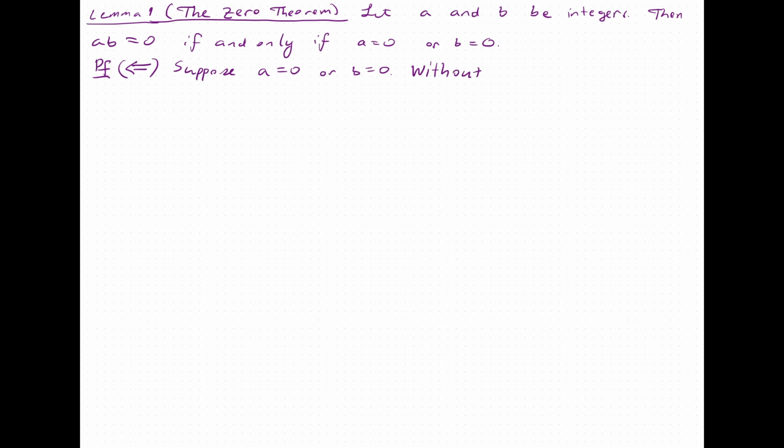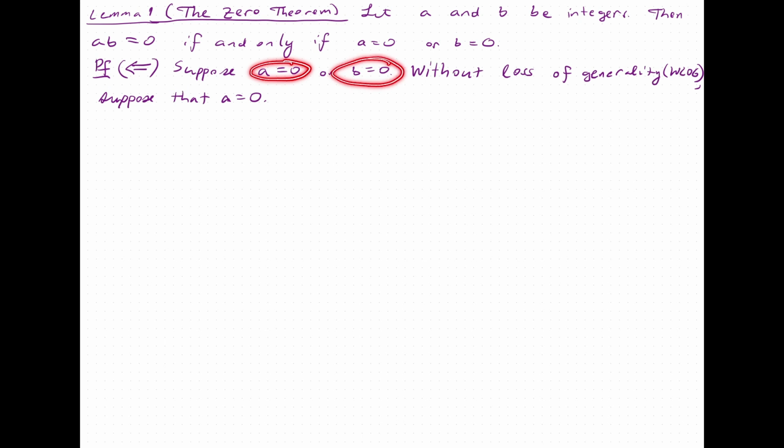So without loss of generality, which we can abbreviate as WLG, suppose that a is equal to 0. And the idea here is, by using this phrase, we are informing the reader that both situations that we have to assume are essentially identical.